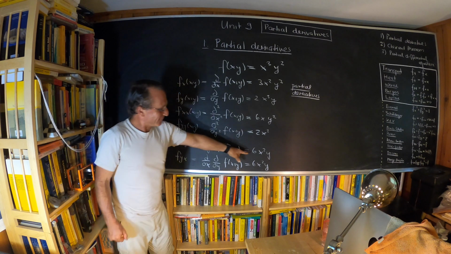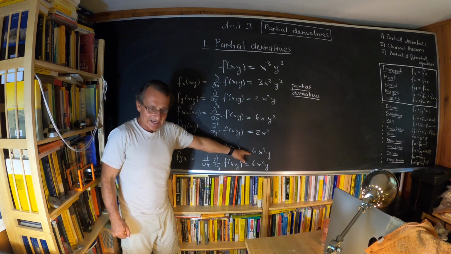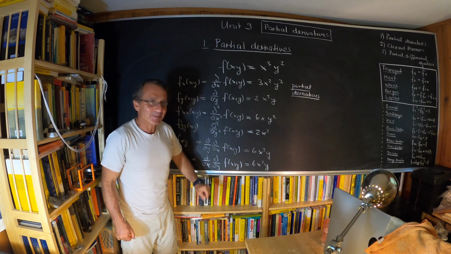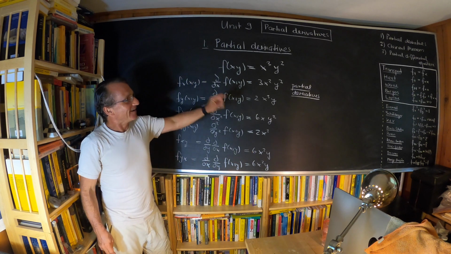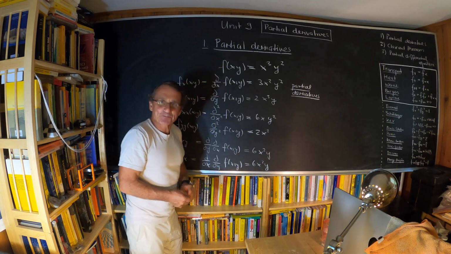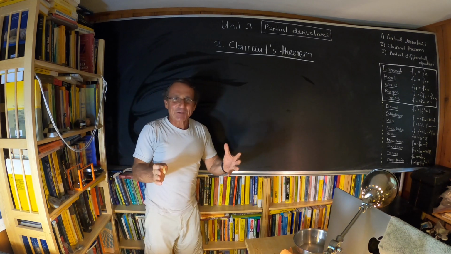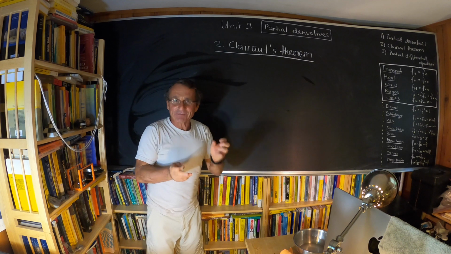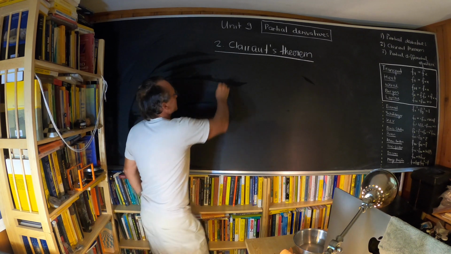Now you might wonder, is it an accident that these two things are the same? No, this is not an accident, and the next section is Clairaut's theorem. Clairaut's theorem will tell us that they are the same. So Clairaut's theorem tells us that this mixed derivative f_xy and f_yx are the same.